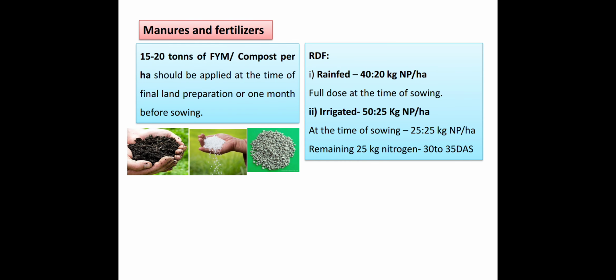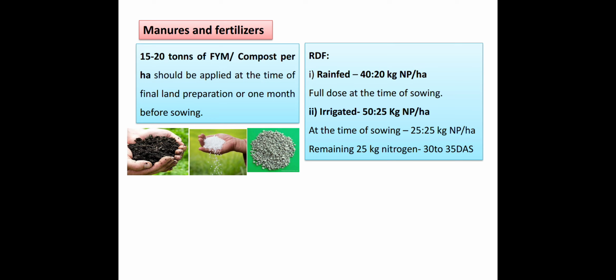For manures and fertilizers, about 15 to 20 tons of FYM compost per hectare should be applied at the time of final land preparation or 1 month before sowing. Then for recommended fertilizer dose, it requires about 40 kg of nitrogen and 20 kg of phosphorus per hectare, and the full dose of fertilizer should be applied at the time of sowing only.